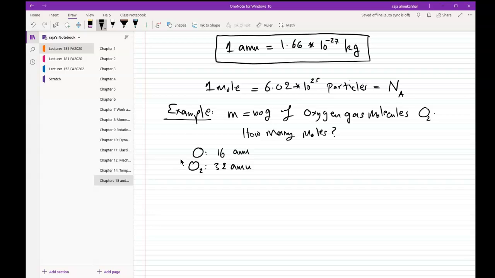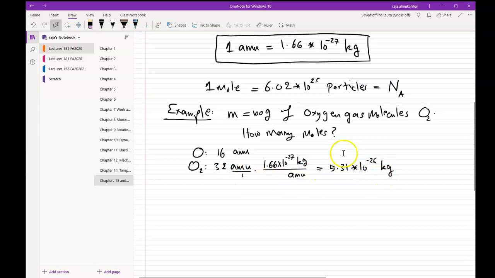To convert that, put this over 1, put AMU at the bottom so you can cancel it, and this is kilogram, 1.66 times 10 to the negative 27. When I do the calculation, I get 5.31 times 10 to the negative 26 kilogram, okay? So in other words, 32 AMU for the oxygen molecule is equivalent to this in kilogram.